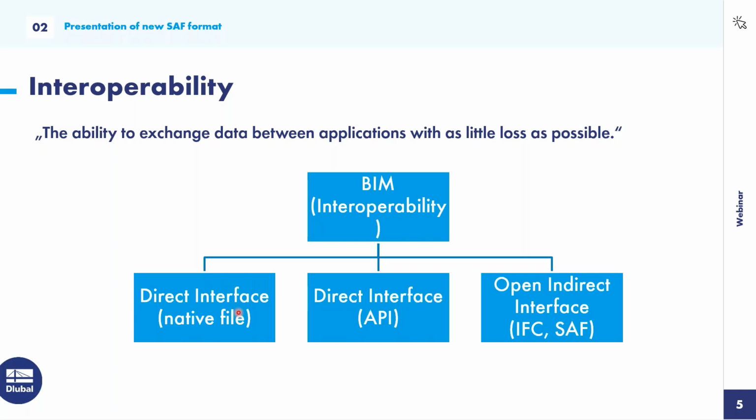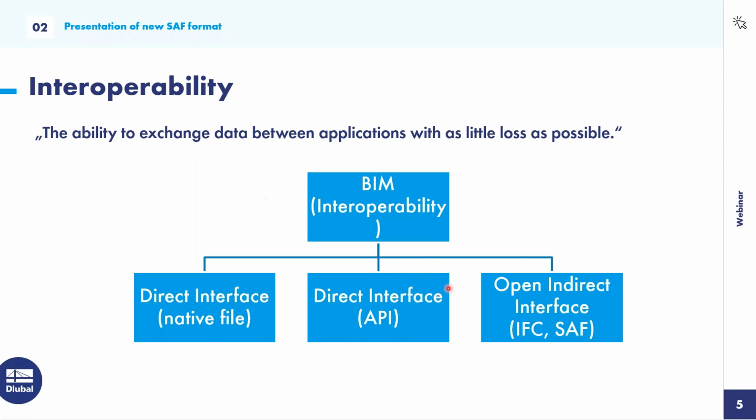In RFEM, this would be a direct interface with the help of native files. Then you have the API interface. This means different software companies are communicating based on APIs, application programming interfaces. So there, the databases of two different software applications are linked.